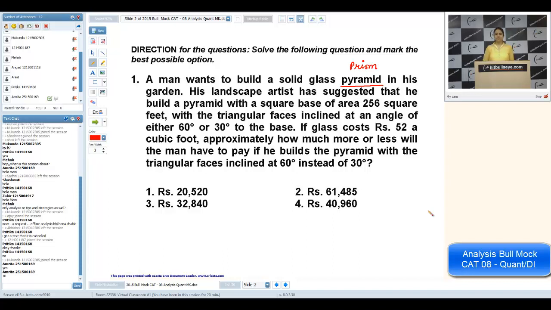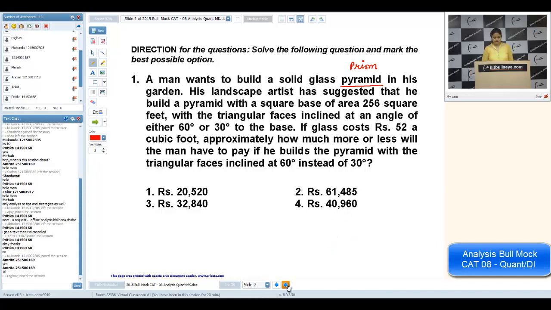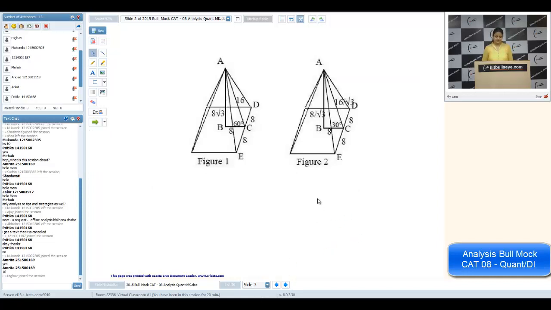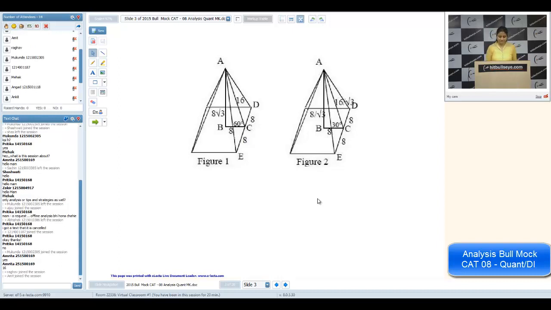In the same way, in this question, a pyramid is given with a square base, where square has side 16 feet. Now, yes, these are the two figures possible, since we are talking about two pyramids.